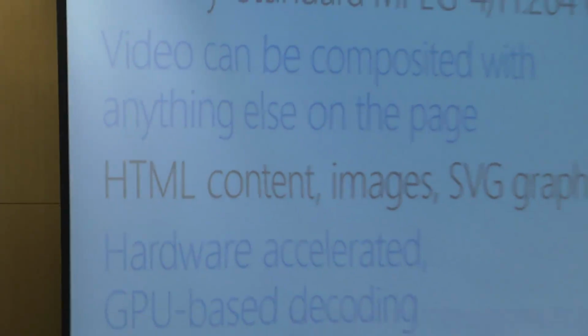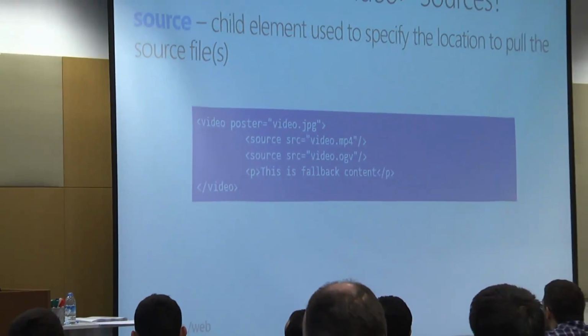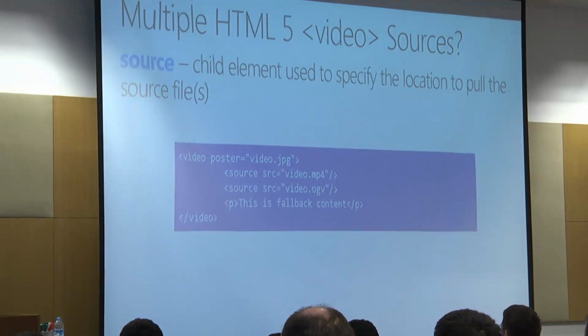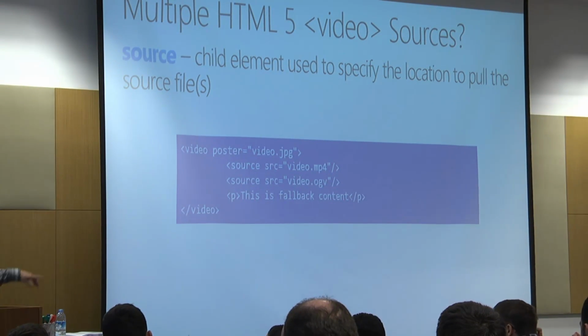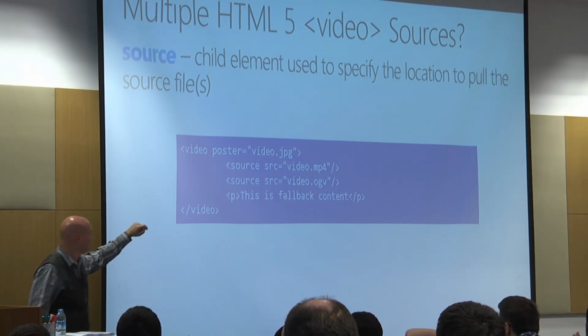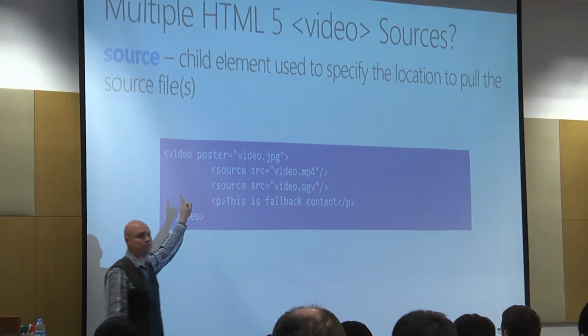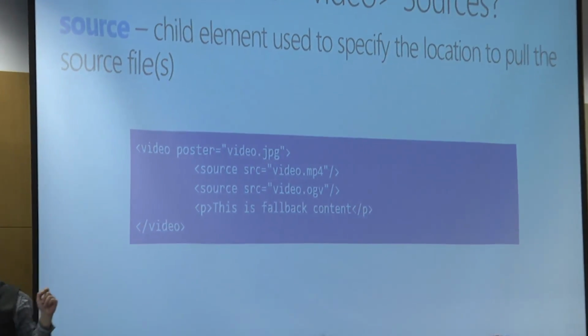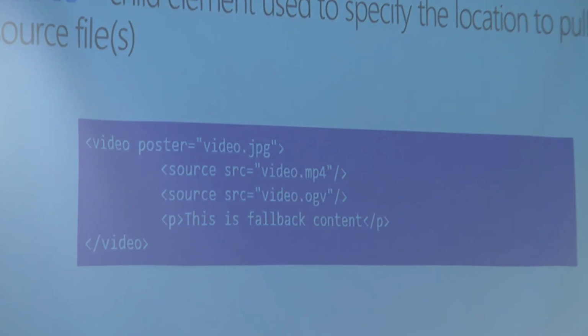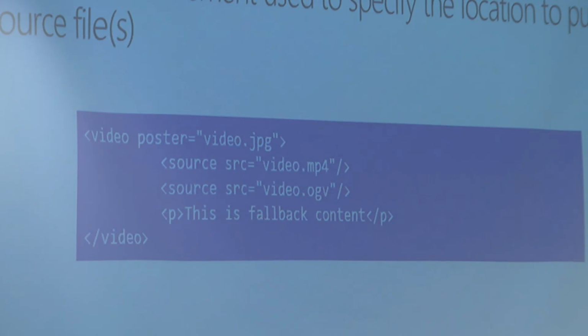Well, I just showed you the video element. So here we've got this default content. We also have multiple video source types. So that's one problem that we have with HTML5 video is support for codecs. Different browsers have support for different content types.